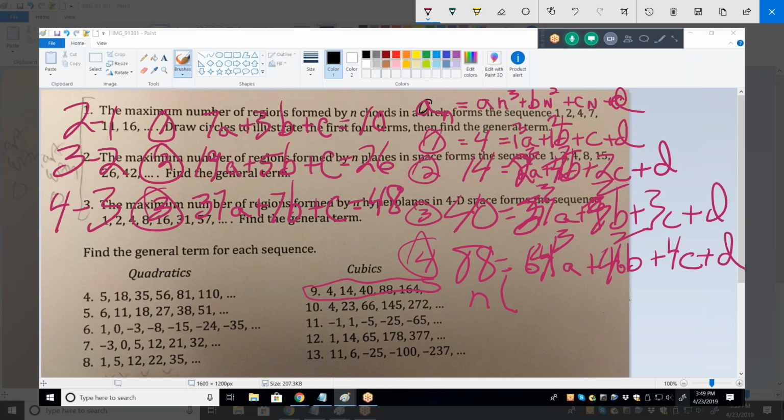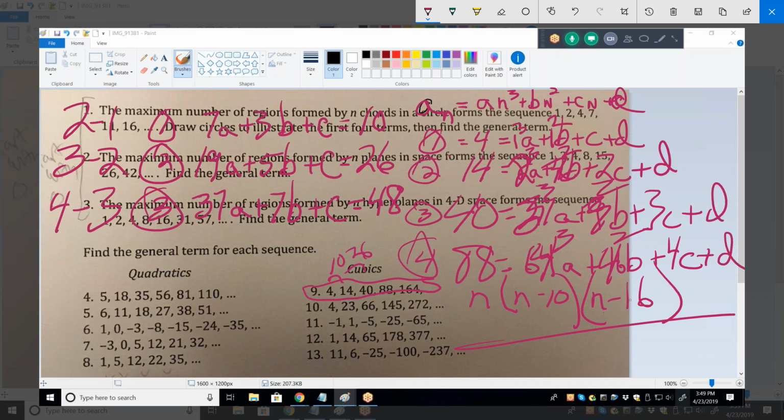What I'm thinking is that it must be something like this. What is that first difference? 10. We know it's a cubic, so there has to be another n in there. And if we took the difference, that would be 10, 26. So maybe something like that, and proceed like that if that is possible.